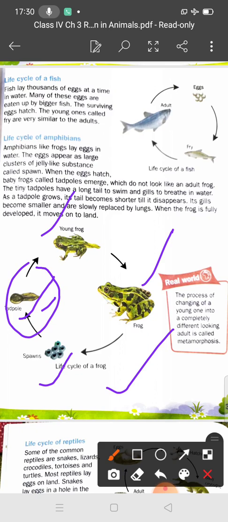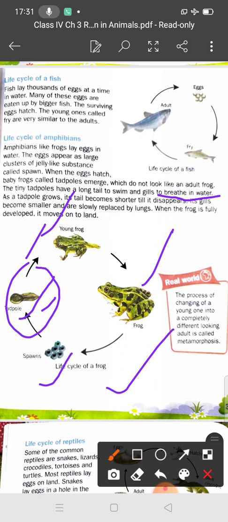And you know, like the fish, this tiny tadpole has gills. What is the function of the gills? To breathe in the water. Now, when the tadpole grows, what will happen? The tail of the tadpole becomes shorter till it disappears.